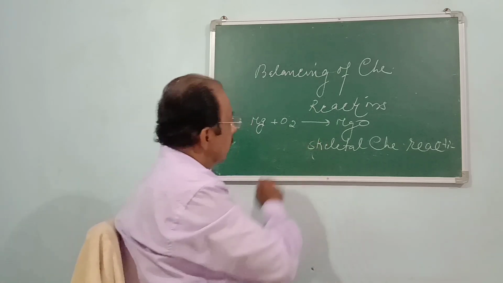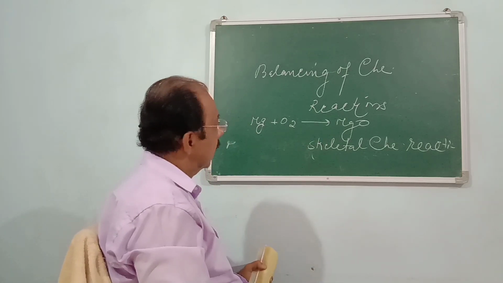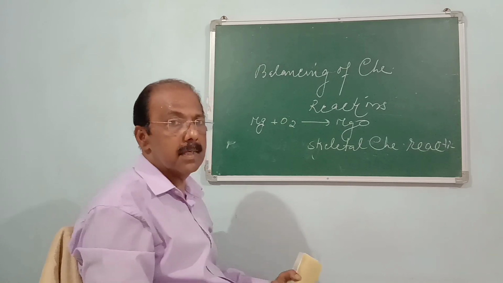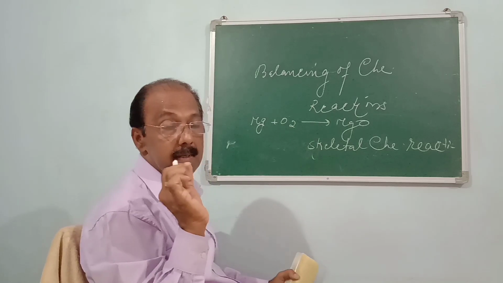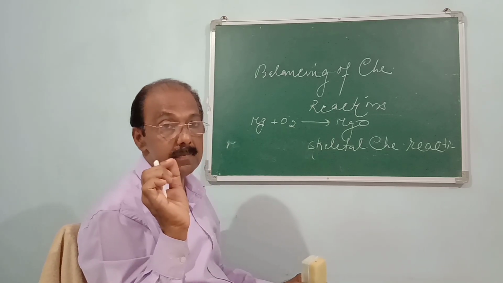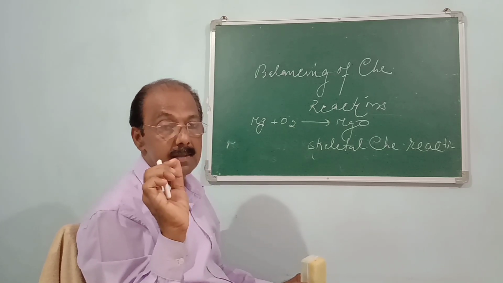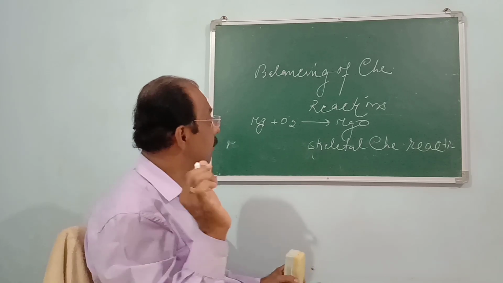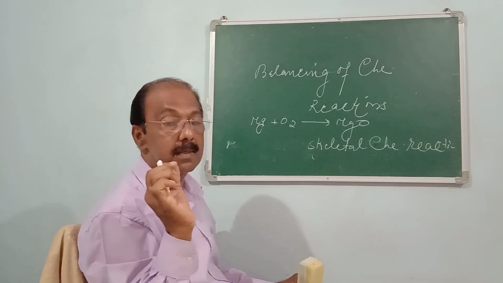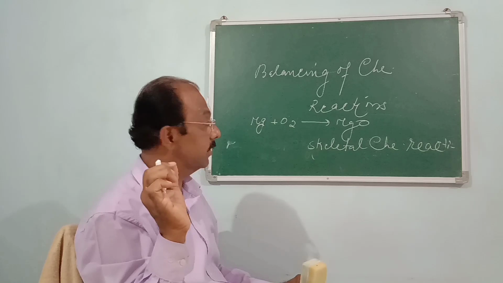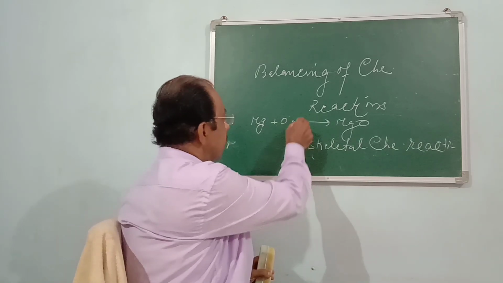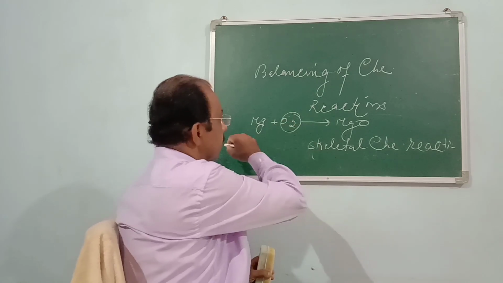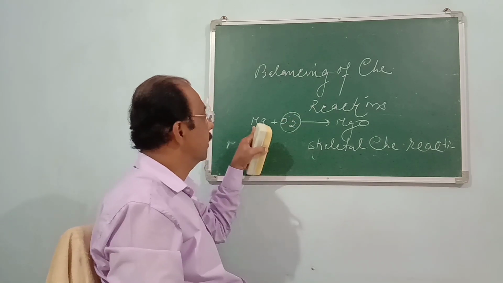Then we come to balancing of a chemical reaction. In balancing a chemical reaction, we follow a general rule. Whichever reactant or product has the greater number of atoms, we consider that and balance it in the equation. In this case, you see two atoms of oxygen, but magnesium has only one.